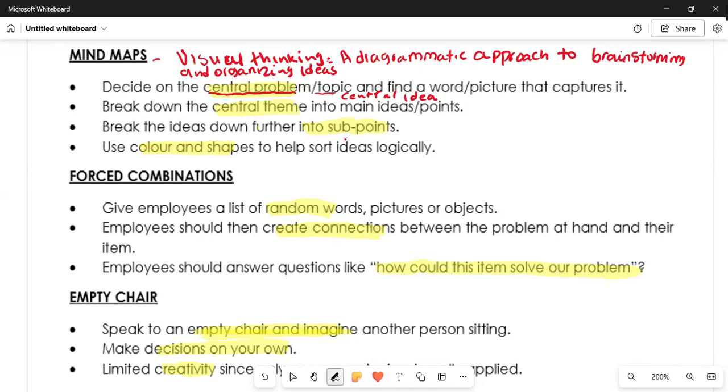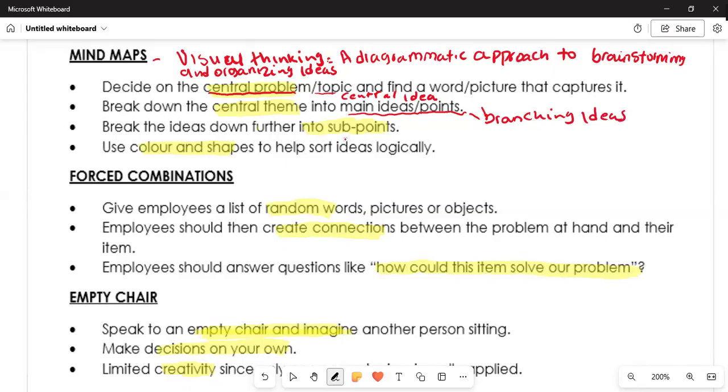Break down the central theme into main ideas or points. This is when you are branching ideas.